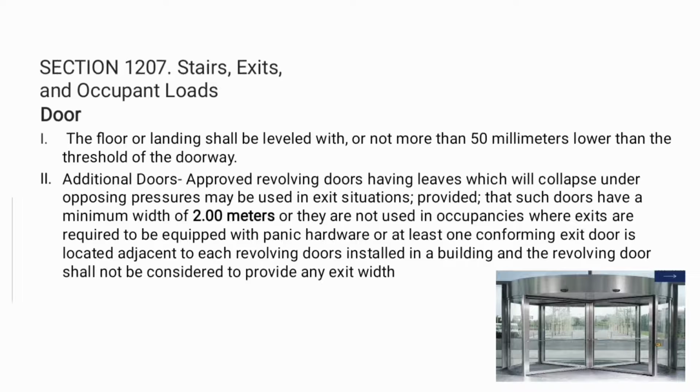And then you can also add additional doors, but approved revolving doors having leaves which will collapse under opposing pressures may be used in exit situations, provided that such doors have a minimum width of 2 meters, or they are not used in occupancies where exits are required to be equipped with panic hardware, or at least one conforming exit door is located adjacent to each revolving door installed in a building, and the revolving door shall not be considered to provide any exit width.